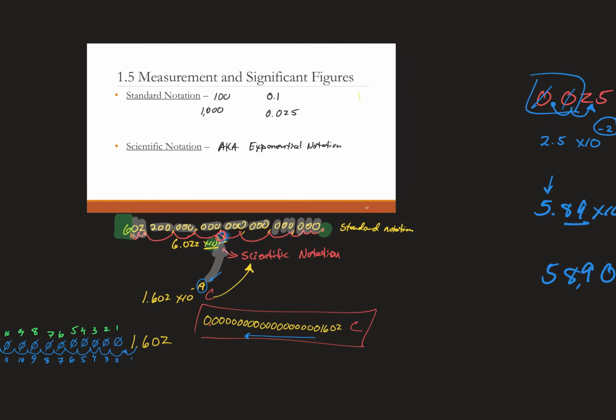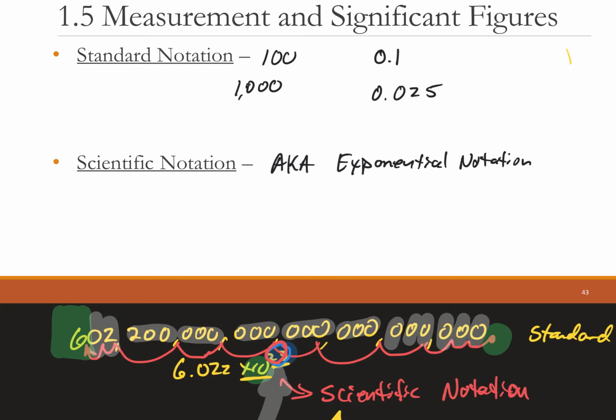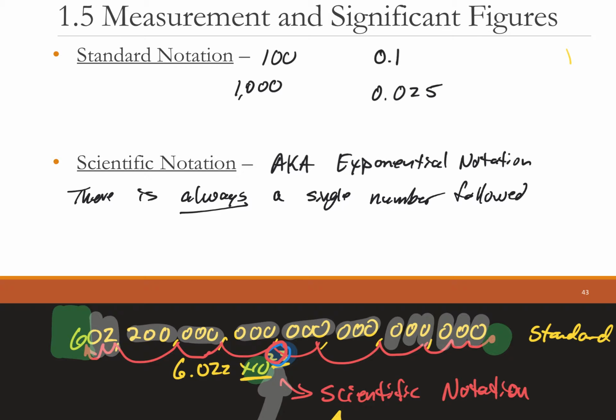58,900. So the key takeaway here for scientific notation is that there is always, no exceptions to this, a single number followed by a decimal and then all necessary digits.